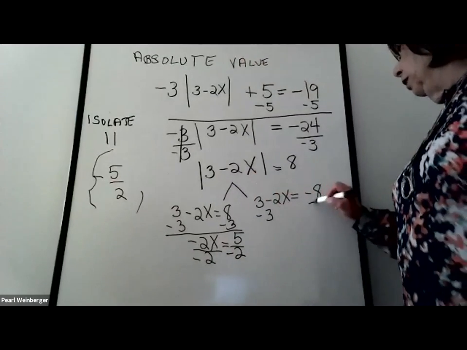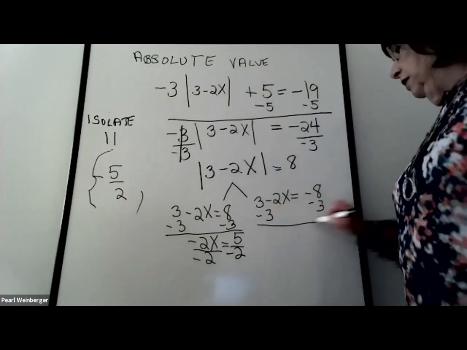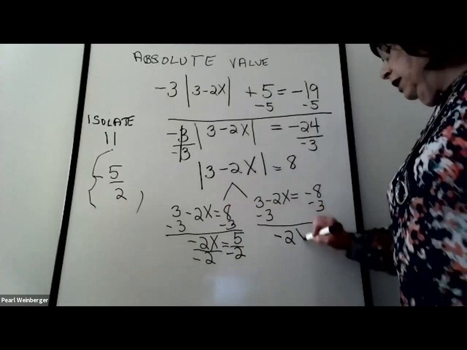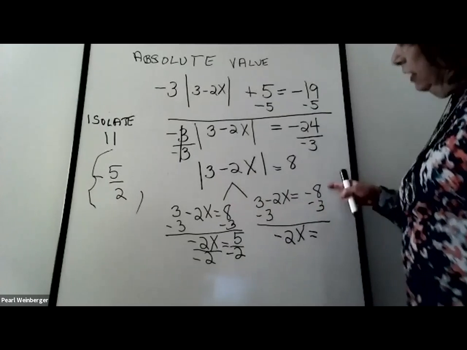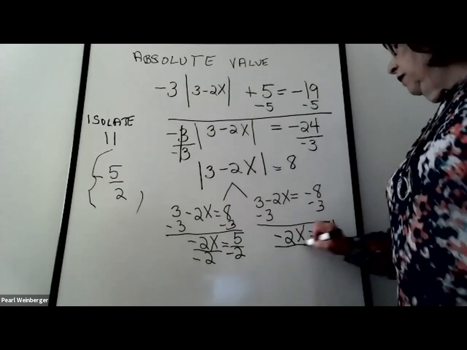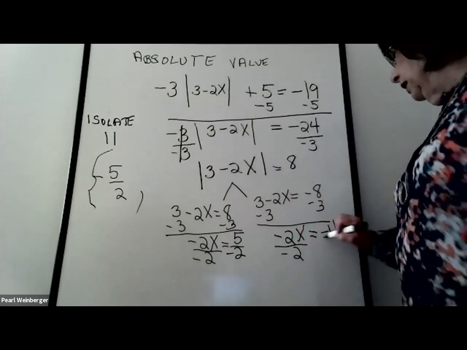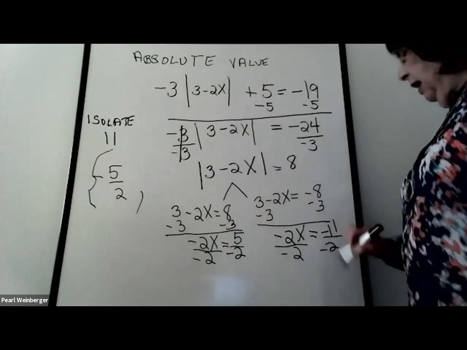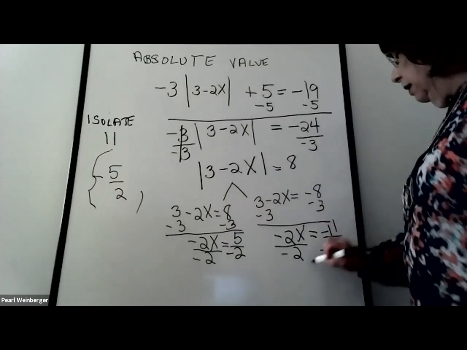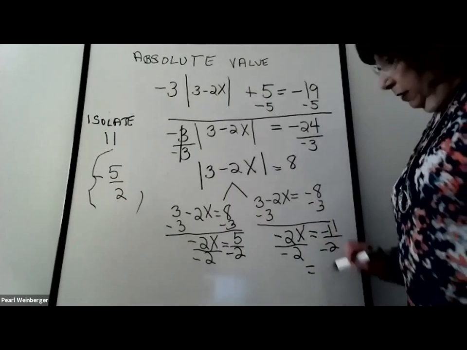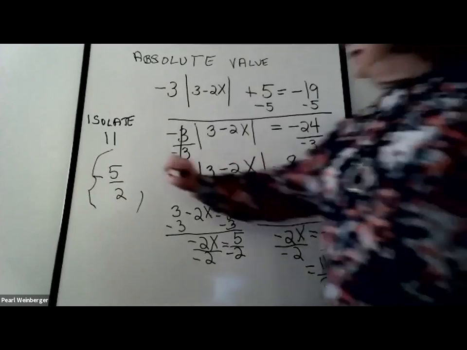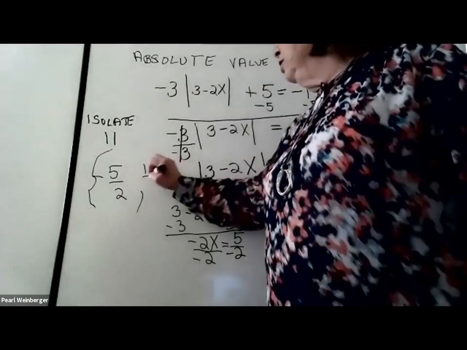Subtracting 3 from both sides, it's very similar work. We get -2x equals -8 minus 3, which is -11. I divide by -2 on both sides again, and notice a negative divided by a negative becomes positive. So my second answer becomes 11/2.